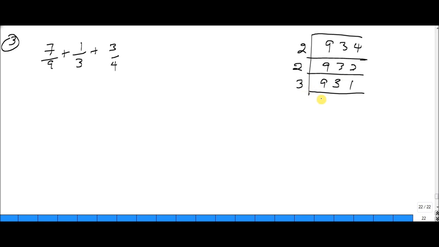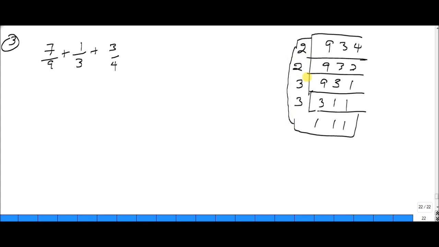3 into 9 will go 3 times, and 3 into 3, 1. Using 3 again, we say 3 into 1, 1, and 3 into 1, 3 into 3 1 time, and we have the other ones there already, and we always try to go down to 1.